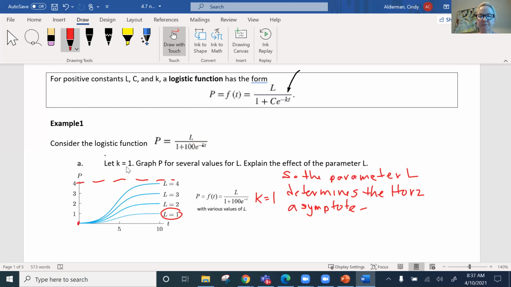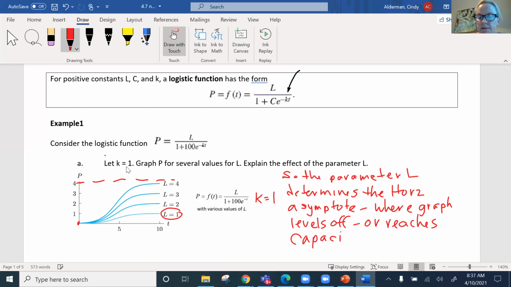Or reaches capacity. And this is important, guys. This is where the graph levels off, or reaches capacity. Or another way, like Wiley, for example, could ask you a question is when it reaches its highest, like population.